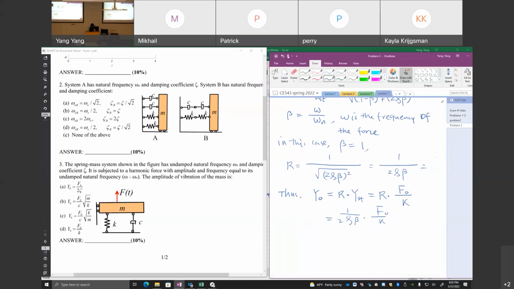So beta is already equal to 1, so we do not have to consider beta over the zeta.